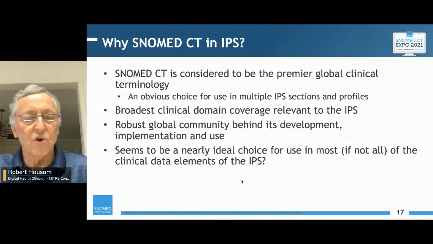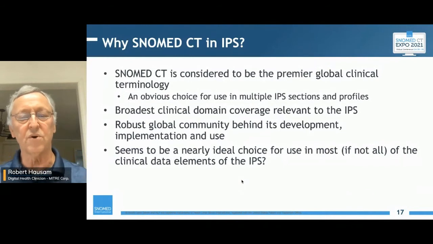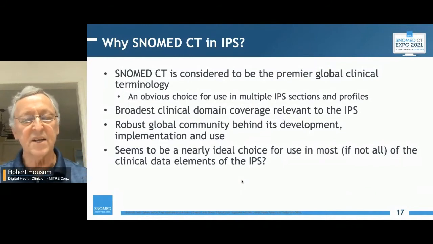So it's an obvious choice for use in multiple sections and profiles in the IPS. It has the broadest clinical domain coverage that would be relevant to the IPS. There's a robust global community behind its development, implementation, and use. And therefore, it seems to be really a nearly ideal choice for use in most, if not all, of the clinical data elements of the IPS.